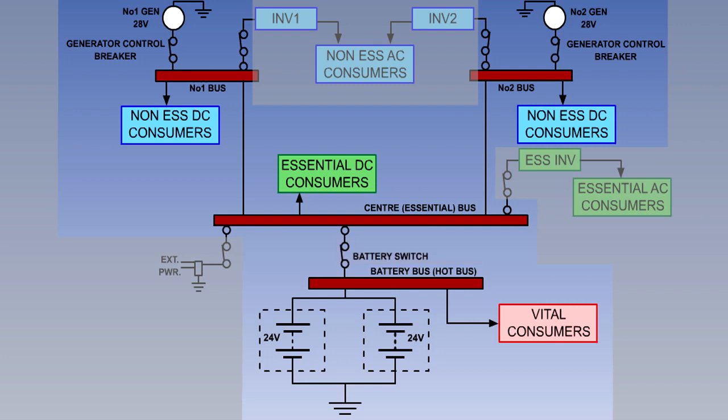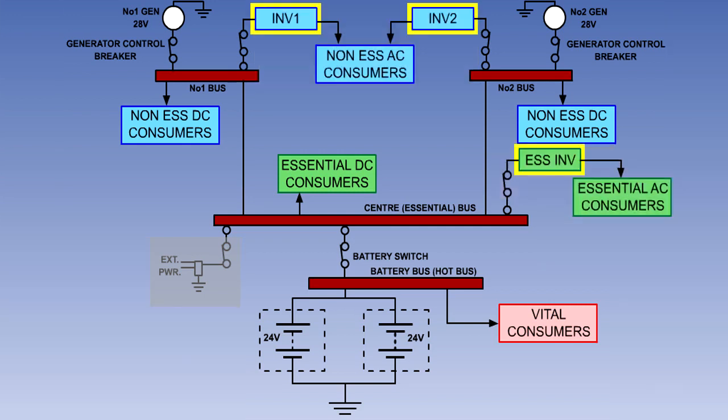The essential services busbar is also connected to the battery busbar, so ensuring that the batteries are maintained in the charged condition. Services requiring alternating current are supplied from inverters, connected to the appropriate busbars.